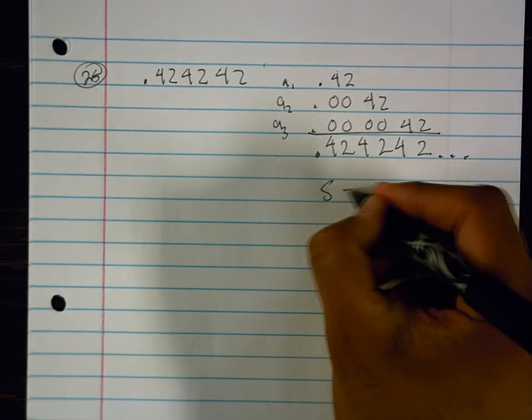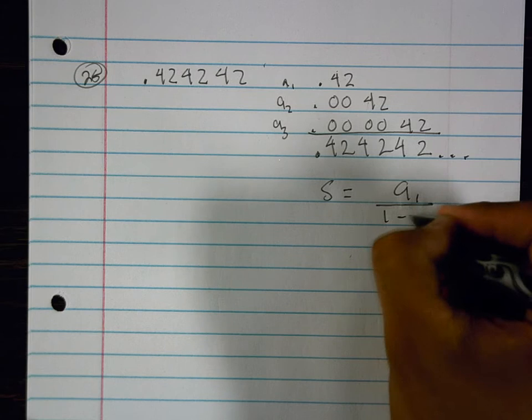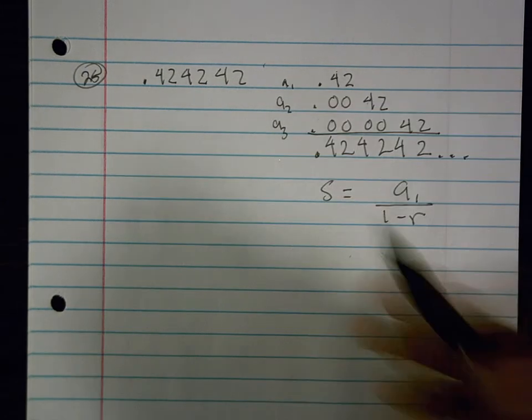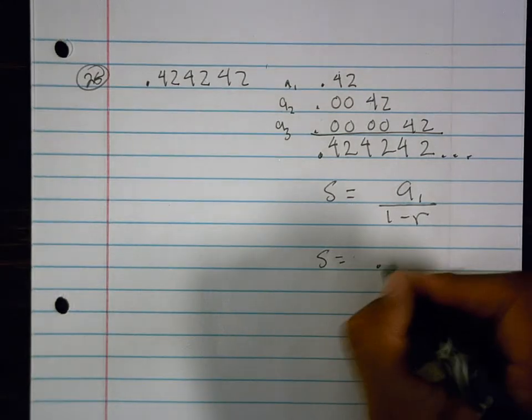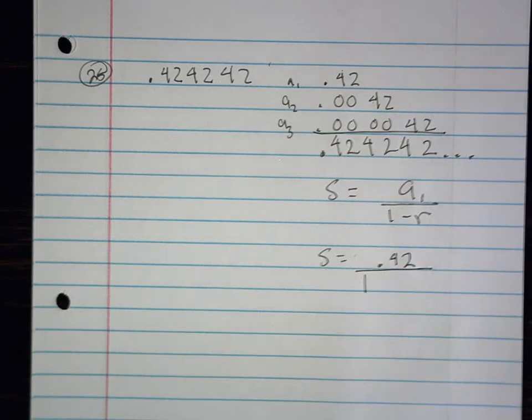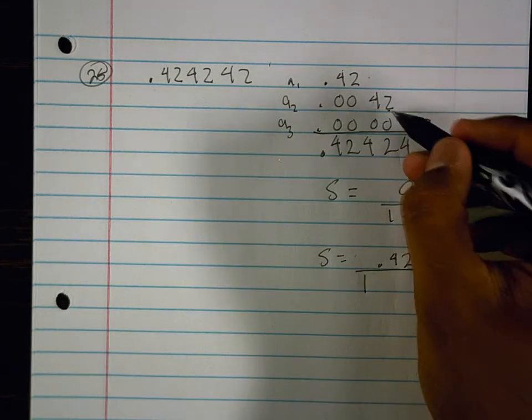We're going to use this again to find a decimal fraction. So let's see if we can figure this out. A sub 1 is 0.42. We just need to find R. Well, this is A sub 2. This is A sub 1. So this is really right over left.